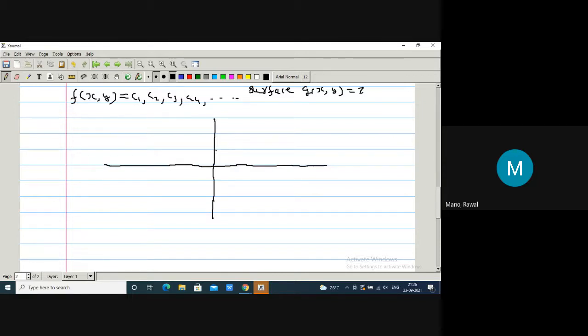So I'm drawing the level curves. Diagrams are always rough, so you can feel that there is no gap between them. Infinitely many level curves are there. Diagrams are always rough, students.